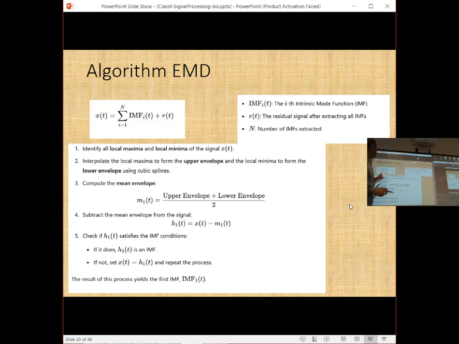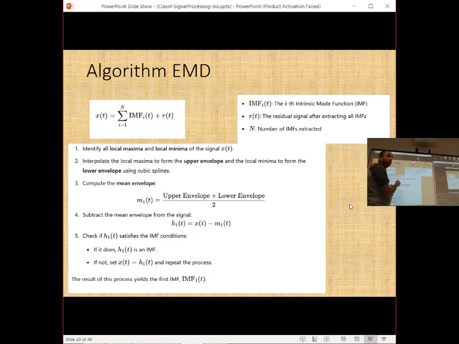It is a way to represent the signal by identifying the local minimum and maximum of x. So you look at the maximum, the minimum. You interpolate the local maximum to form the upper envelope and the minimum to form the lower envelope.